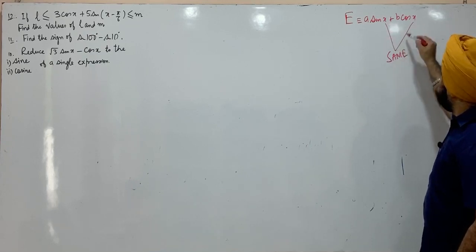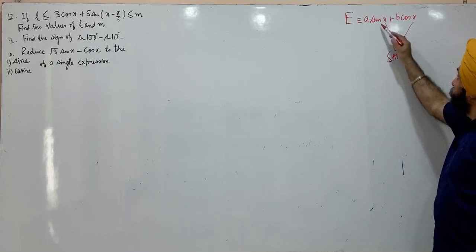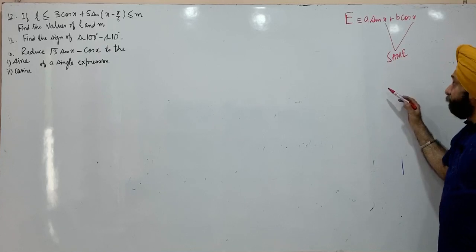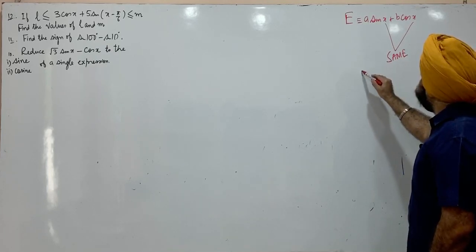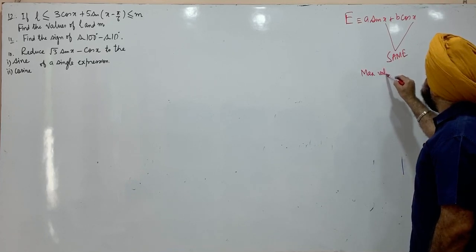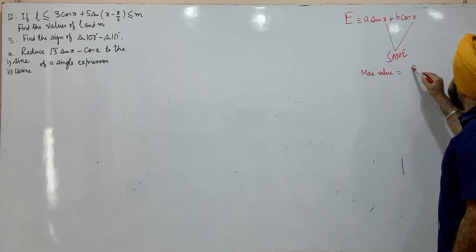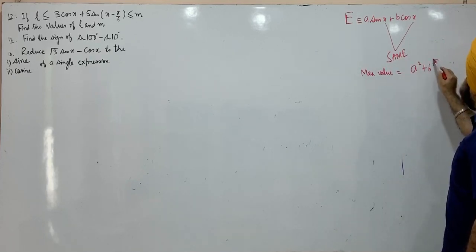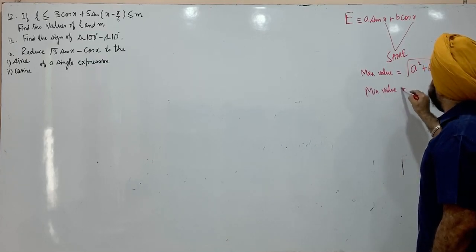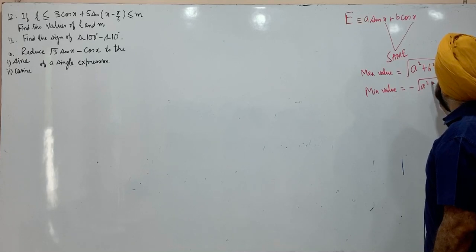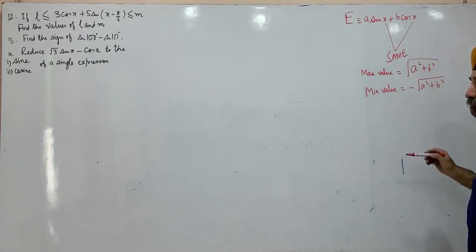Angle in both the cases is the same. Expression containing sine of an angle and cos of the same angle. Then its maximum value we can write as root of a square plus b square, and the minimum value is minus root of a square plus b square.